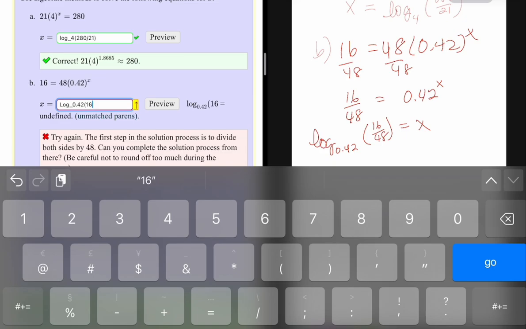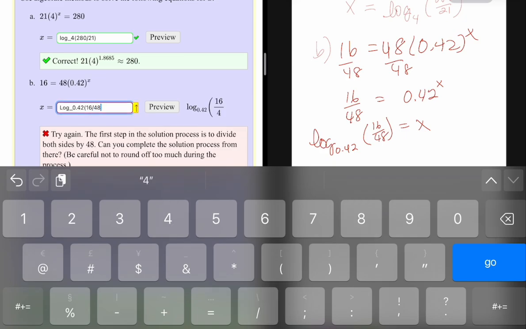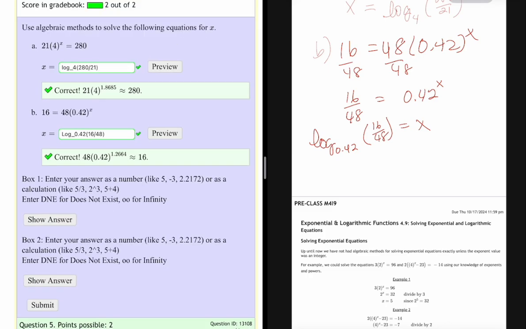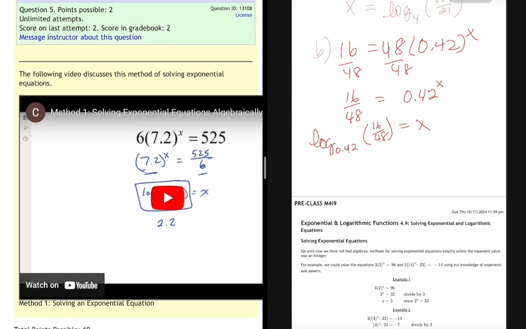If I can find where my division bar is, there it is.